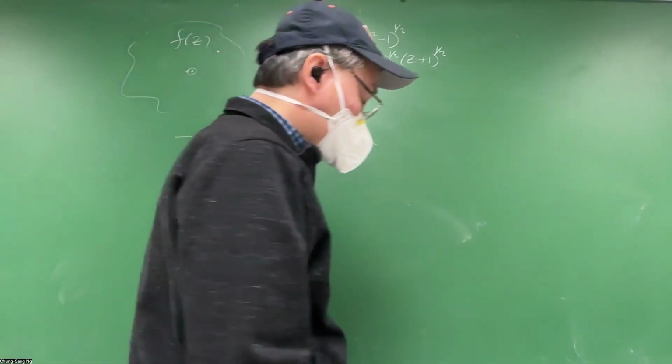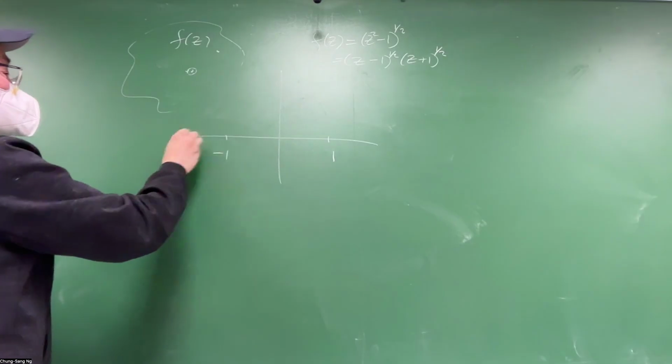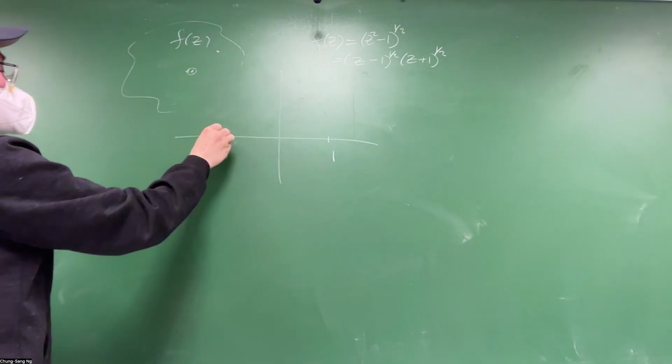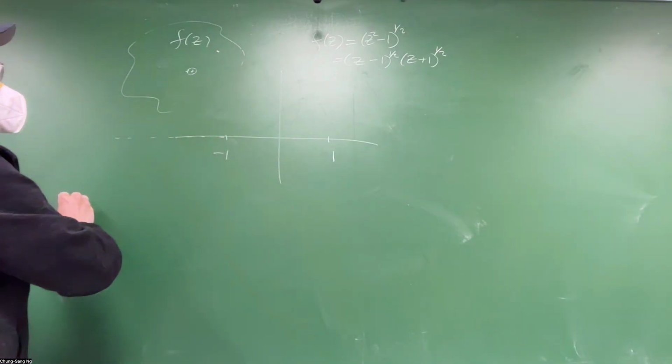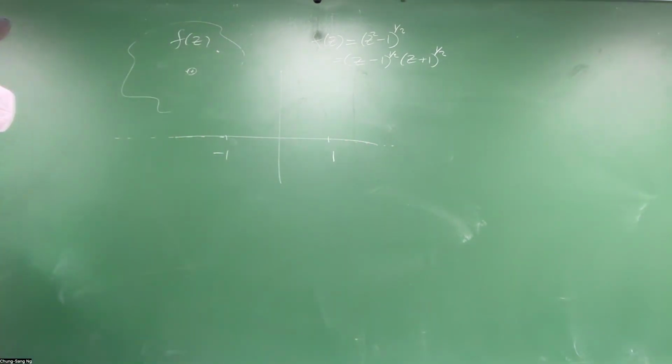again, the branch cut is arbitrary. You can do whatever you want. You can likewise say minus 1 goes to infinity, 1 goes to infinity. That is fine also.